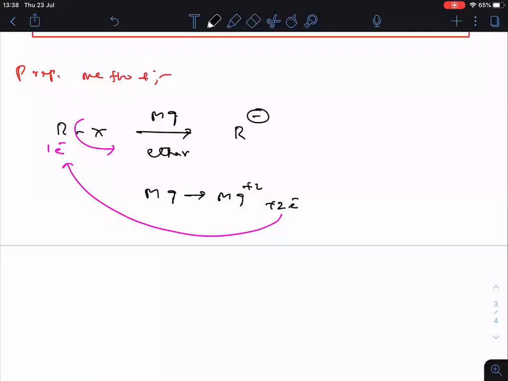This is called a carbanion. Remember, X also gets the negative charge because X is leaving along with the bonded pair of electrons. Followed everyone? R will get the negative charge, and X also will get the negative charge.